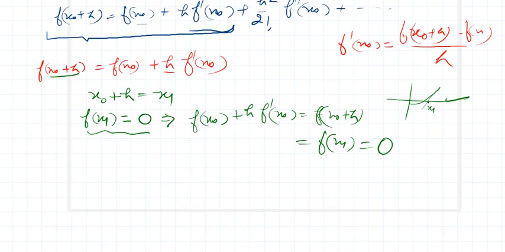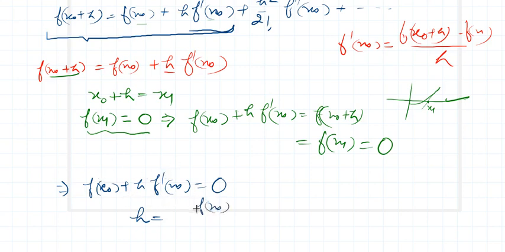So that means f of x naught plus h f prime x naught, this is equal to 0. Means what is h? h क्या आ रहा है मेरे पास? यहां से इसको मैं इधर ले जाऊं, minus f of x naught divided by f prime x naught, ये मेरे पास h की वैल्यू आ जाती है.